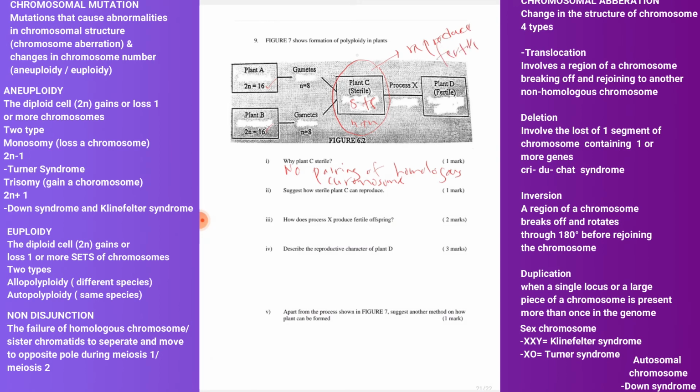There is one process we call vegetative propagation, or vegetative reproduction. So sterile plant C can reproduce by using vegetative reproduction.